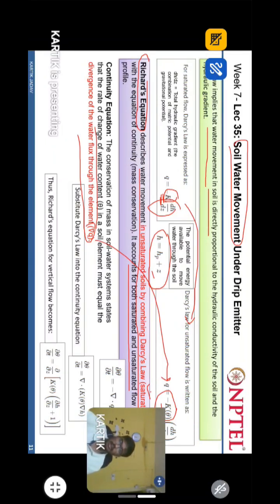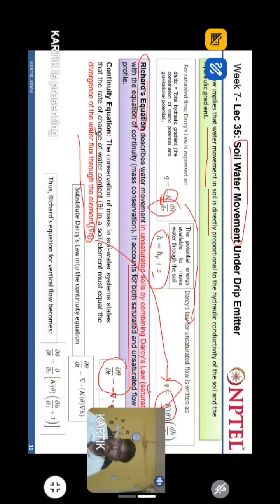So let's equate this equation. The continuity equation states that the change in moisture content is equal to the divergence of the water flux through the element. So del theta by del t is equal to minus del q. And what is q? According to Darcy's equation, that is K(theta) del h by del z, right?